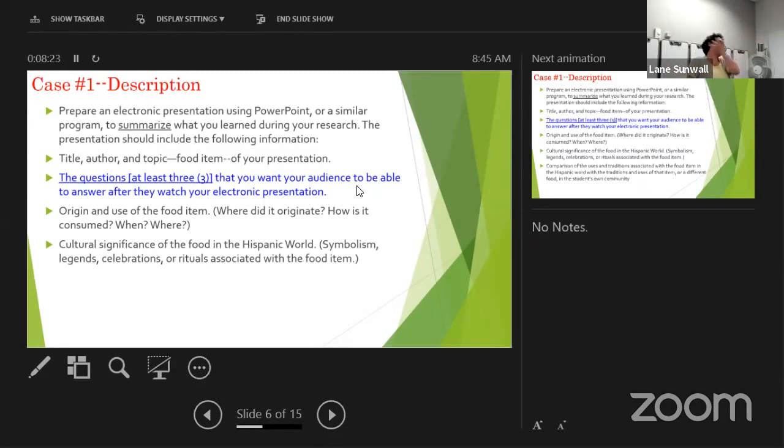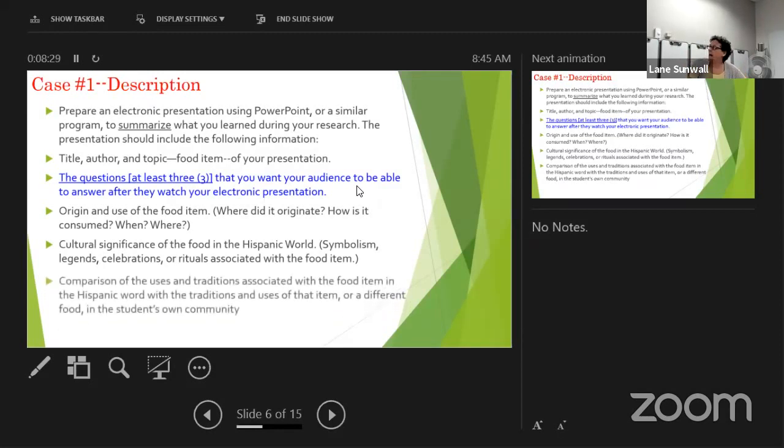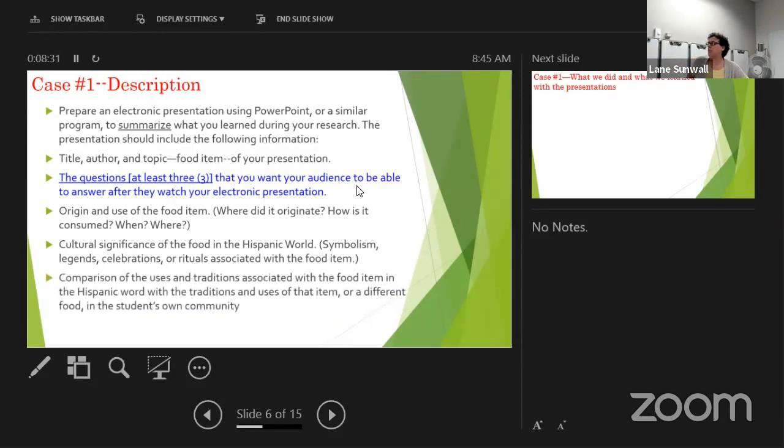And by the time they have to do this, we've been talking in class and doing readings about all this stuff. And they have to compare it with how that food item was used in their cultures, in their own communities, or traditions that they could think of, to compare it with their own experience.